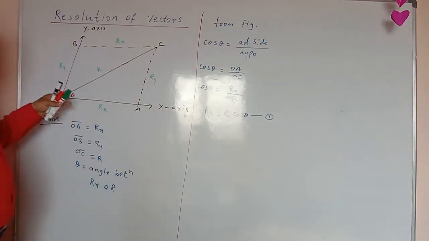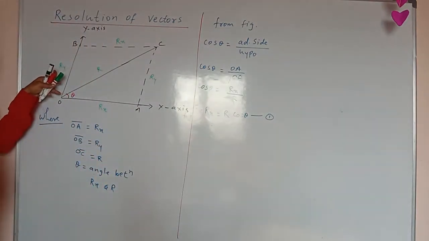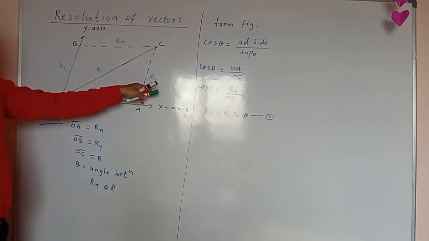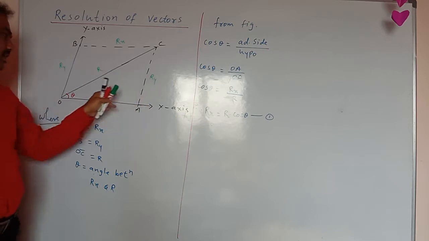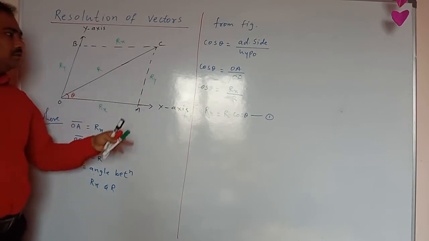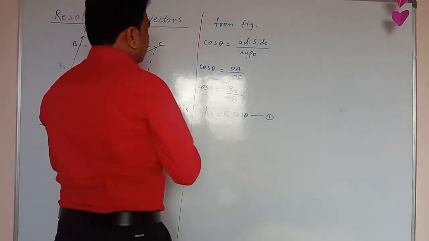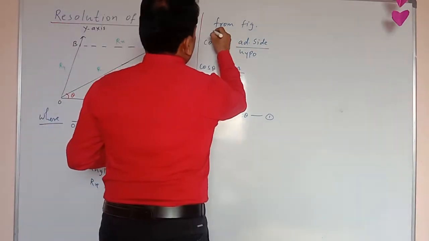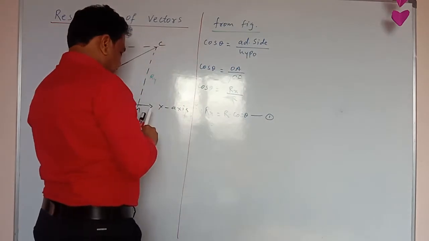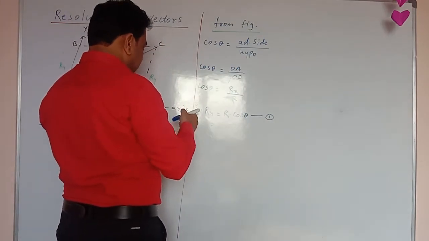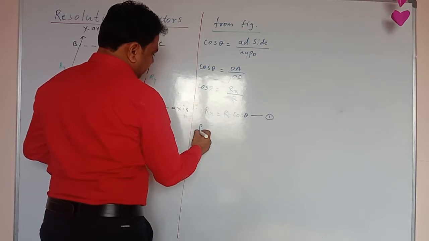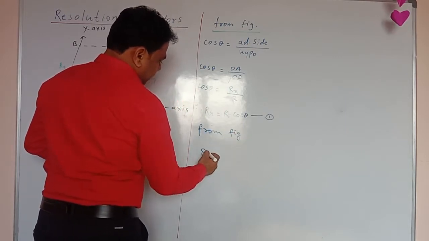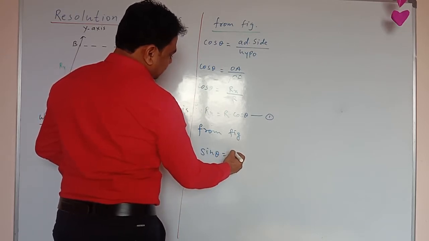Okay. Similarly, we have to find the value of Ry. So how we can find out the value of Ry? Ry is the opposite side of this angle inclination, that is theta. So therefore we have to find here sin theta. So from figure, sin theta is equal to what?